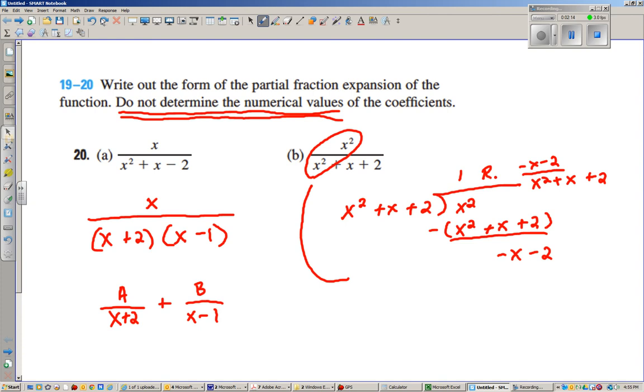So the decomposition, if you will, is 1 minus, and now the remainder is going to be what? X plus 2 over x squared plus x plus 2. So it's going to be 1 minus, and then I wrote it that way.